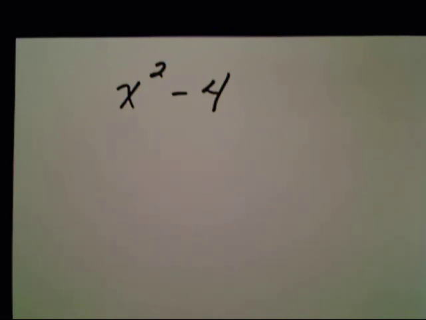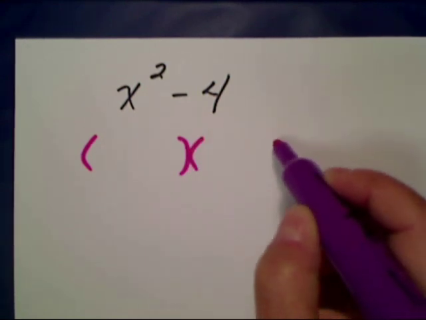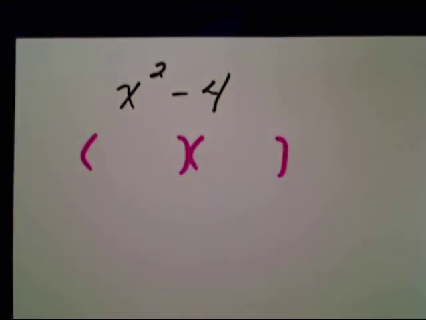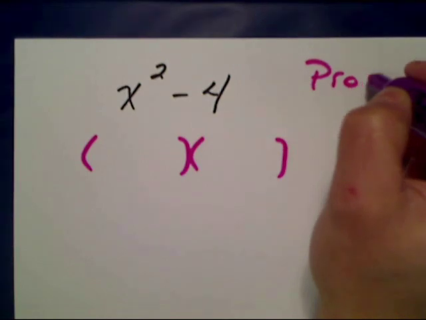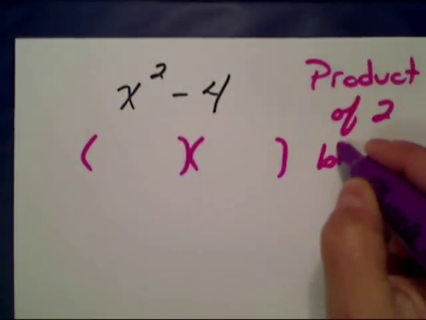So if you recall, the FOIL method last week was rewriting our two binomials being multiplied together as a trinomial or a polynomial that you multiplied inside. Well, here we're going backwards. We're going to rewrite this as a product of 2 binomials.